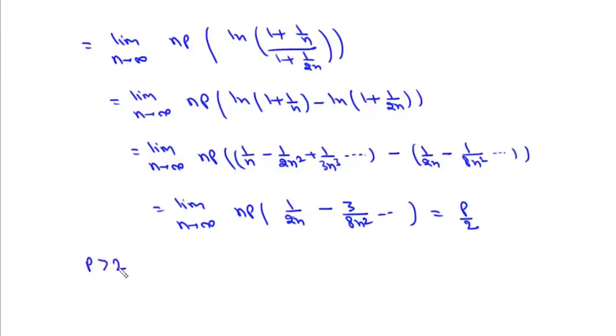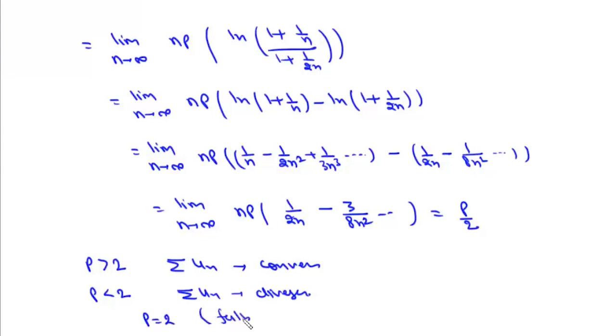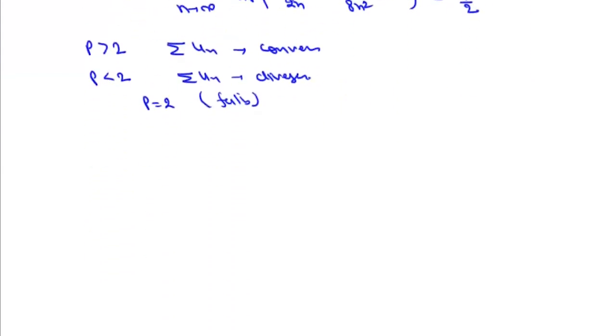Now if p is greater than 2, then this summation un converges, and if p is less than 2, then summation un diverges. Now for p equals 2, this logarithmic test fails. So for p equals 2, this n log (un upon un plus 1) is 1 minus 3 by 4n, and so on and so forth.